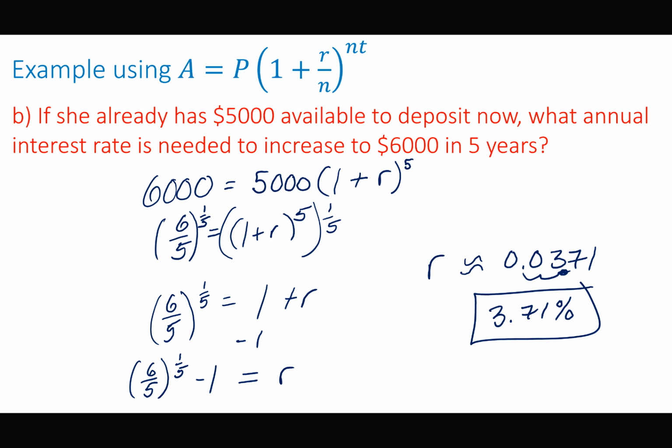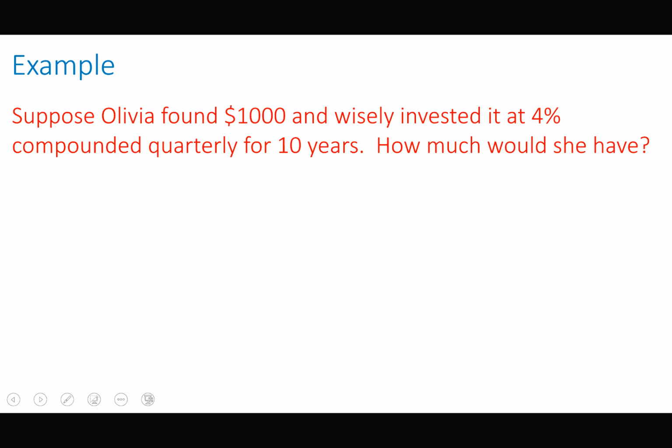One more. Okay, this one will go quick. Suppose Olivia found $1,000 and wisely invested it at 4%, compounded quarterly for 10 years. How much would she have? So it'd be our amount A we're trying to figure out. 1,000 times 1 plus 0.04.